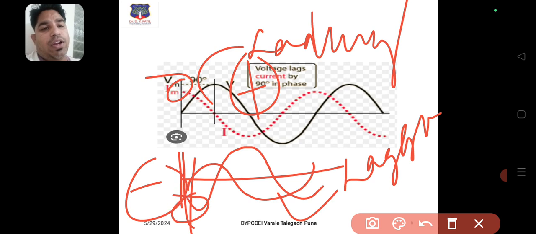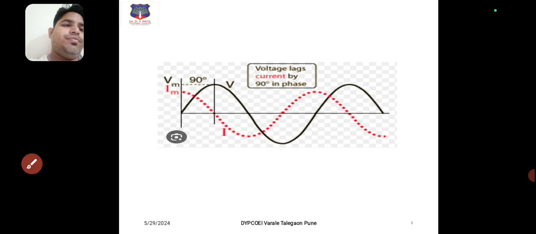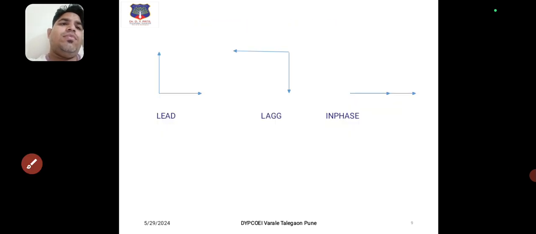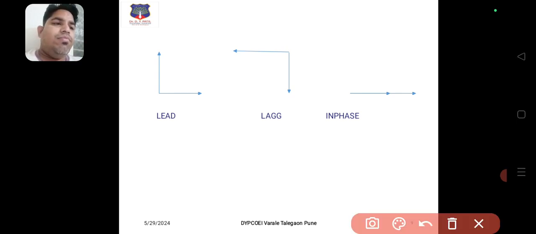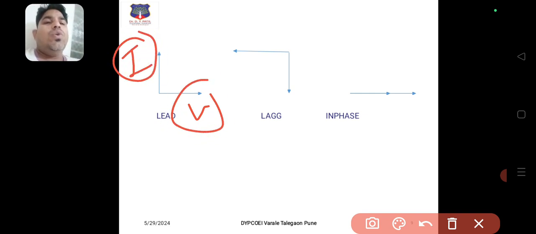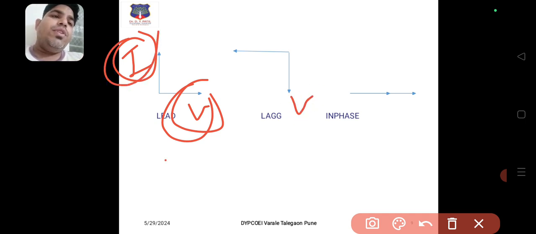The difference being negative is lagging. In the phasor diagram, when the phasor difference between the two alternating quantities is positive, we say it is leading. Take voltage and current: the current leads the voltage and the voltage lags the current. It means it is a lead, and here the voltage is lagging.